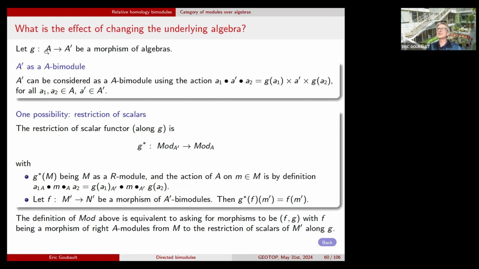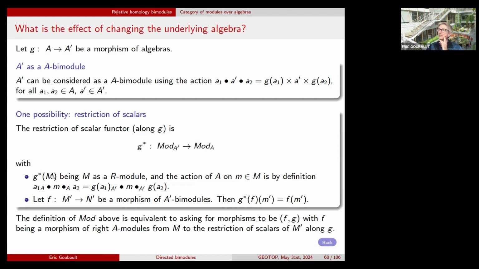If you think of this map, as in the only case in which I'll be using it anyway, as the inclusion of algebra A into A', you want to see what happens when you have more coefficients in A'. You have modules over something where you have more coefficients, and you restrict them to when you have fewer coefficients. A is a sub-algebra, in that case, of A'. It's very easy to define even for general maps, not just inclusions.